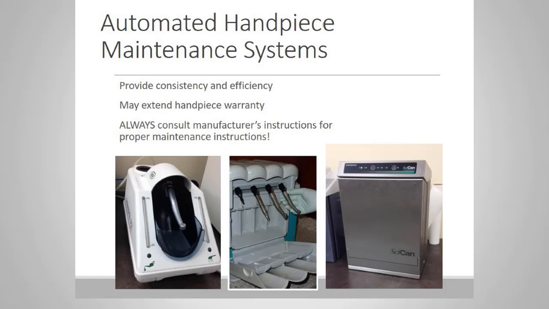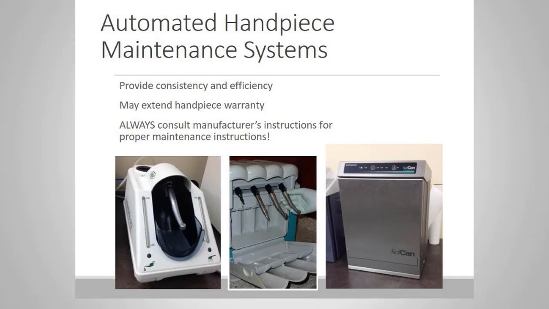Before these existed, I remember cleaning and lubricating our handpieces by hand and putting the lubricant into the handpiece manually. And unfortunately, it kind of gummed up in there, and we had a drawer, I called it the handpiece graveyard, and that was a specific drawer for handpieces that had frozen turbines and chucks that needed to be sent in for repair.